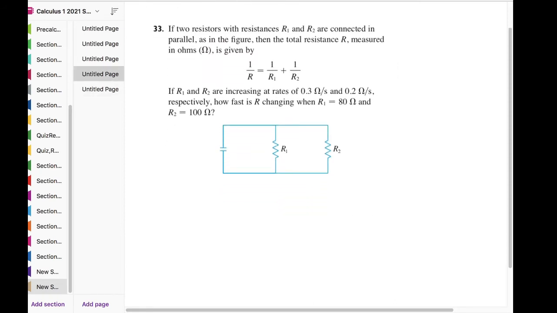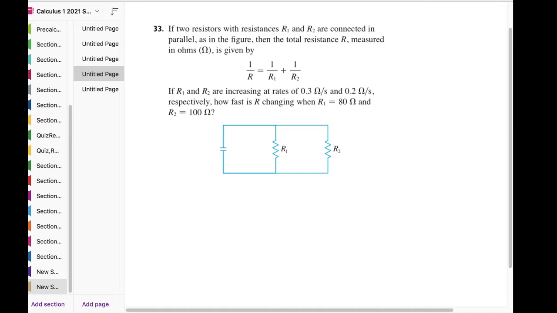For the physicists in the room, if you have two resistors with resistances R1 and R2, and they're connected in parallel, they give you the formula that the total resistance R is 1 over R equals 1 over R1 plus 1 over R2.